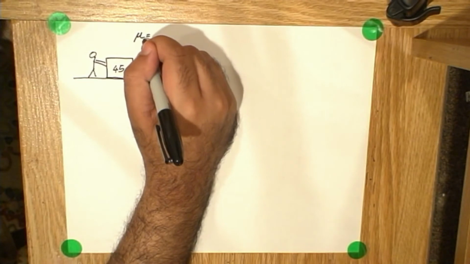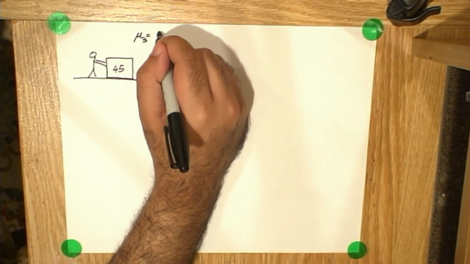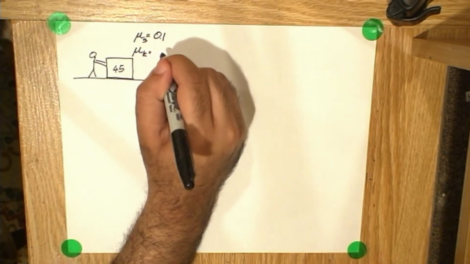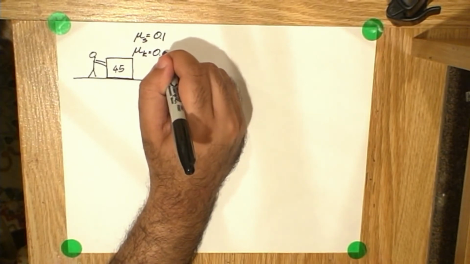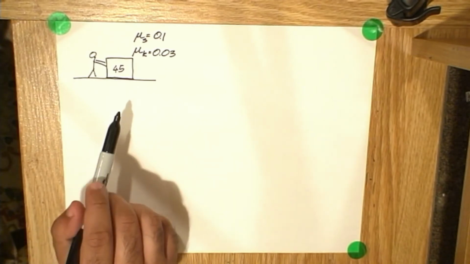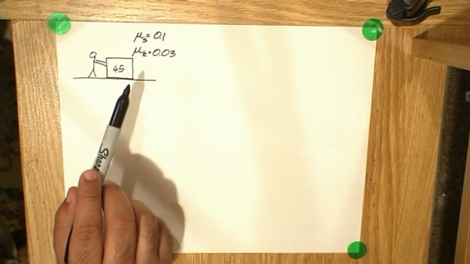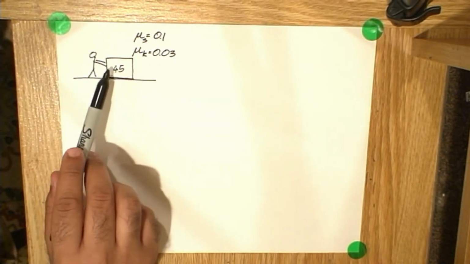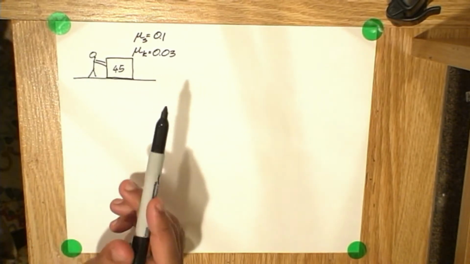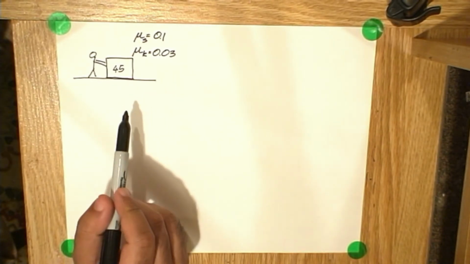The coefficient of static friction is 0.1, and the coefficient of kinetic friction is 0.03. So what we would like to do is find out, first of all, what is the minimum force that our hero needs to exert in order to get it moving, and once it has started moving, what is the acceleration going to be?